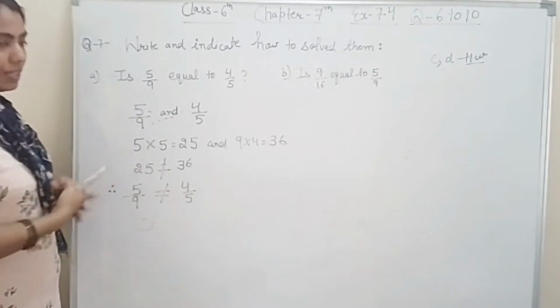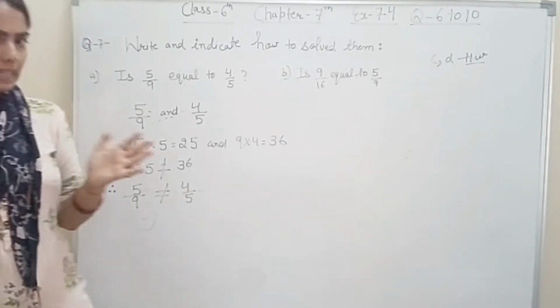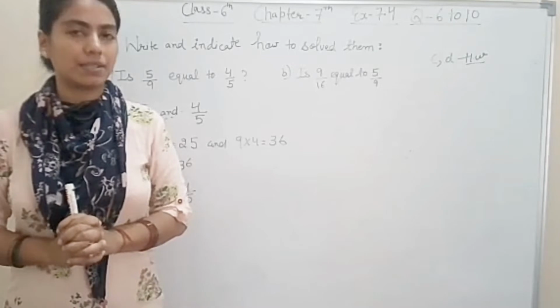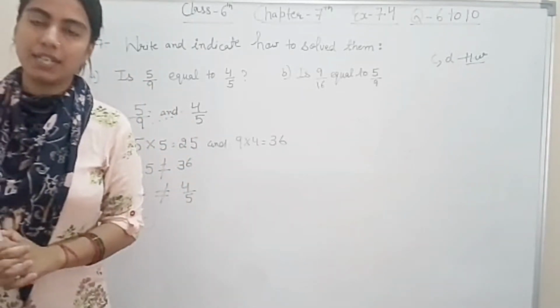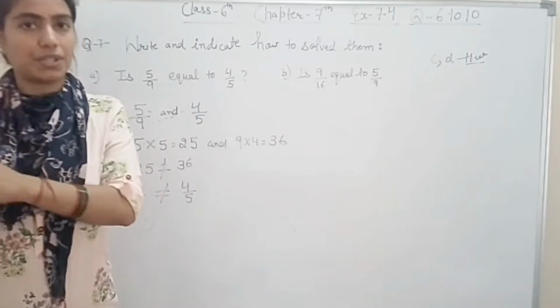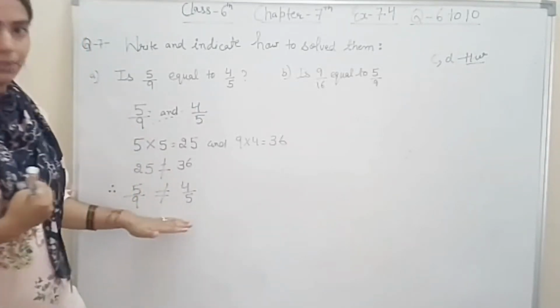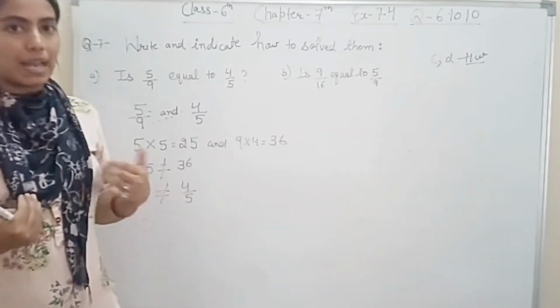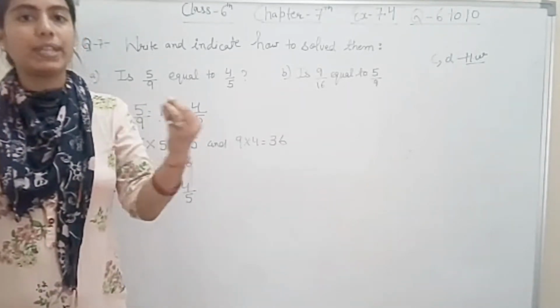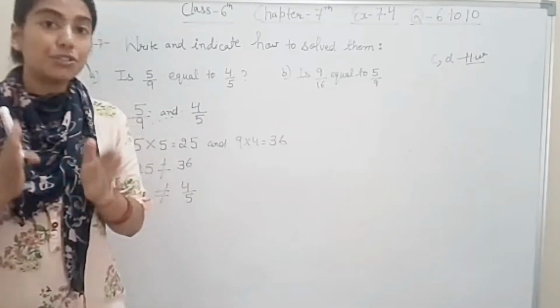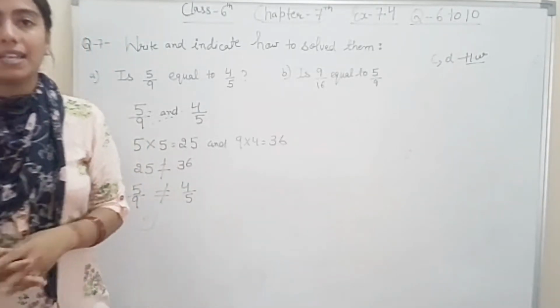If the fractions come out the same, then they are equal. But that is a slightly lengthy method. It is also an easy method, but a little lengthy. If you do a question with one concept, then you just follow that. We need the right answer. In maths there are many methods. If you are following any one method, but it is correct, it will be fine.